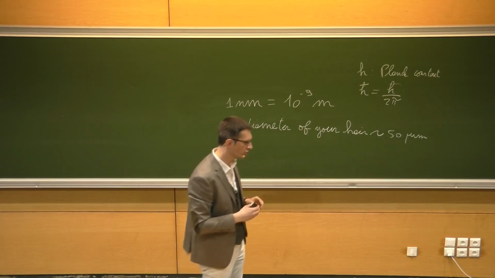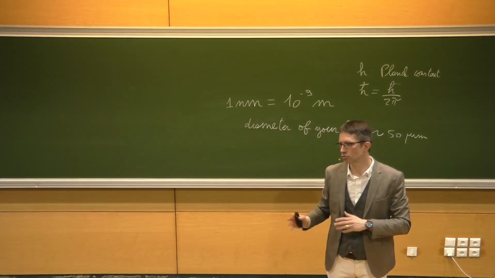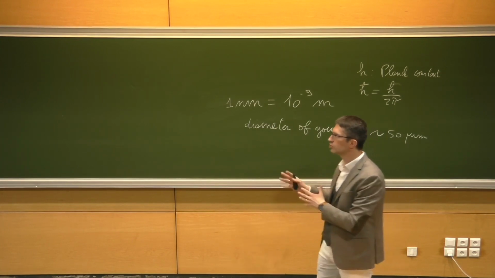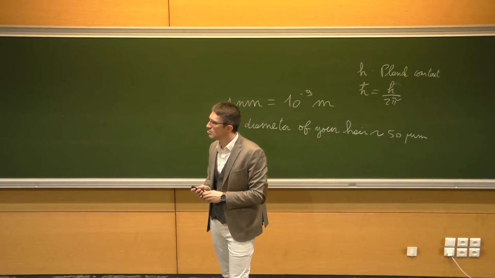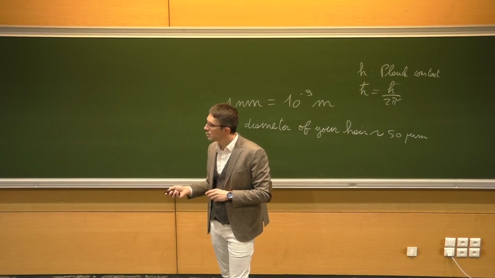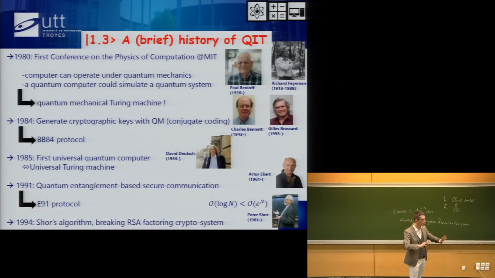But Feynman postulated that it is difficult to solve the energy levels of a quantum system, for instance of an atom, but that's because you use a classical computer. If you were to have a quantum computer with quantum rules, then perhaps you could simulate a quantum system and use that quantum computer for that.